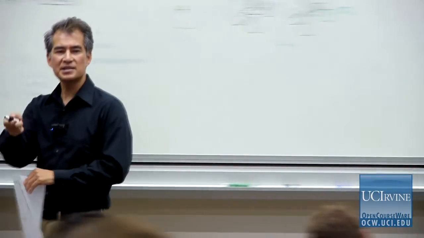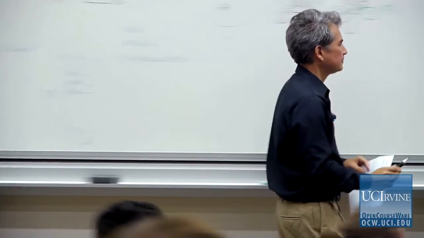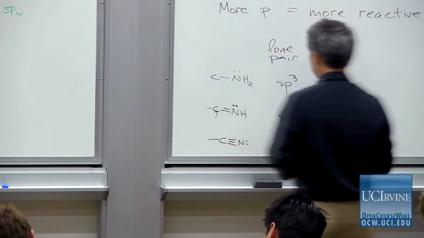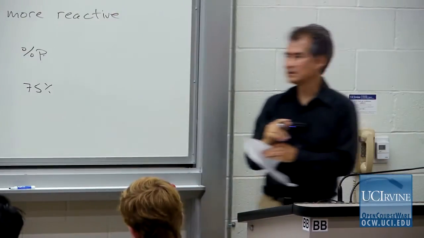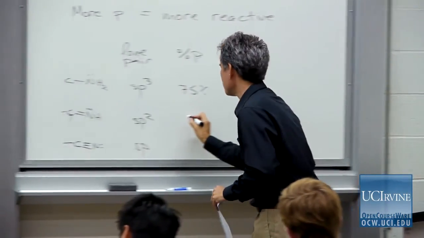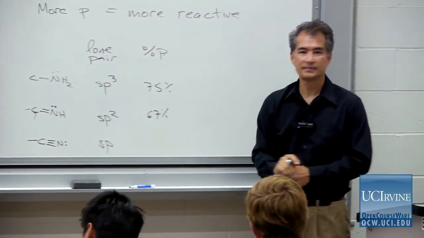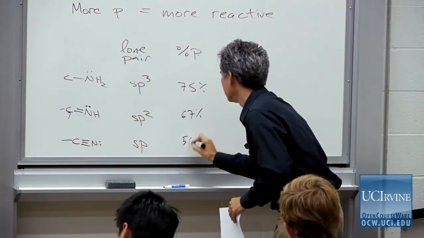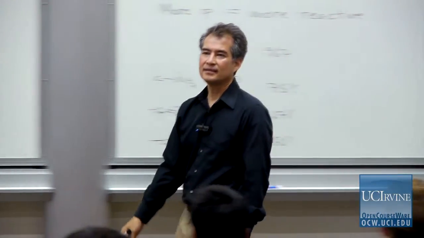Now, what's the percentage of p character in this top case, sp3? 75% p character. sp2, what's the percentage of p character? About 2/3 or 67%. And then finally the sp, 50%. These are paltry differences.